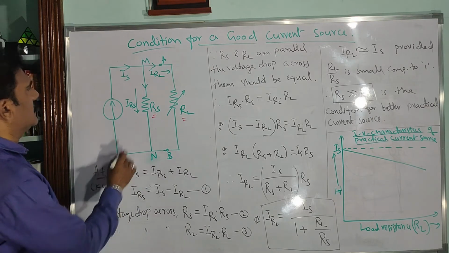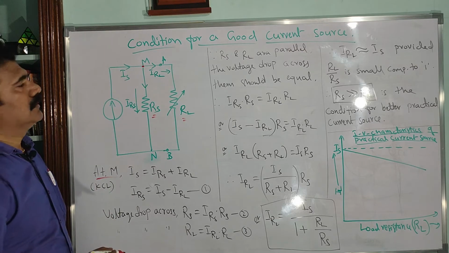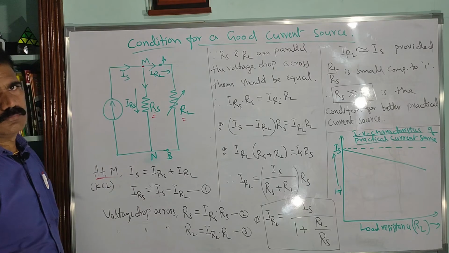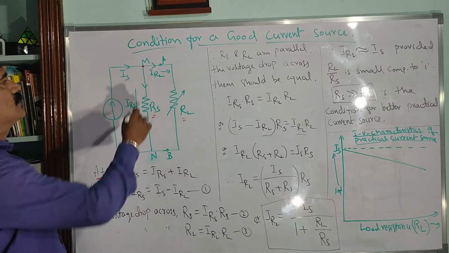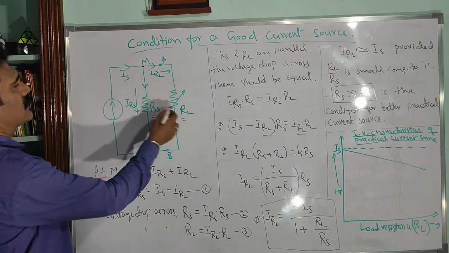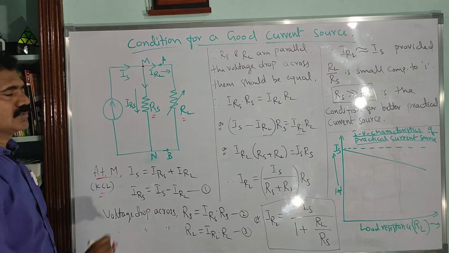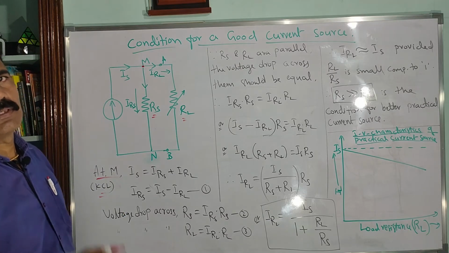Now look at the point M in the circuit. Where is that? Here. That point M acts as a node where the current is split into two branches of the circuit, through RS and through RL. So you can apply Kirchhoff's current law here.